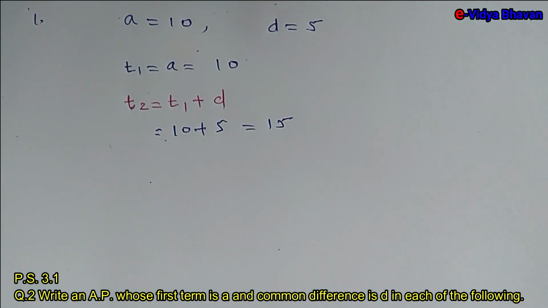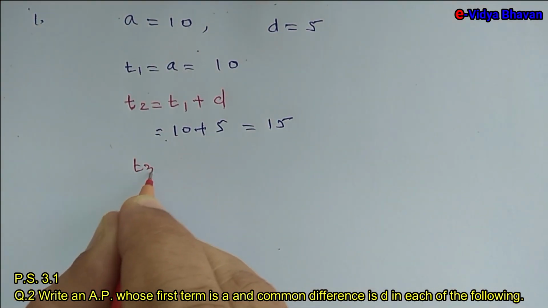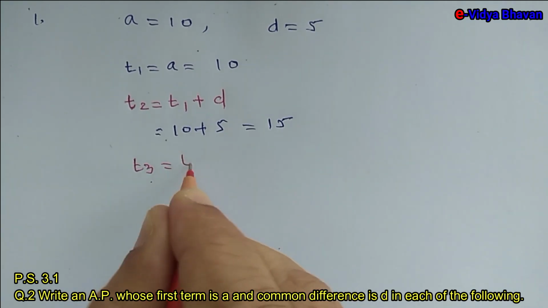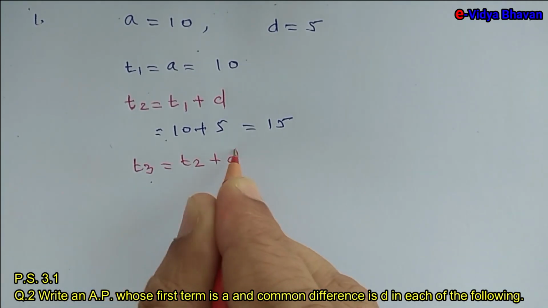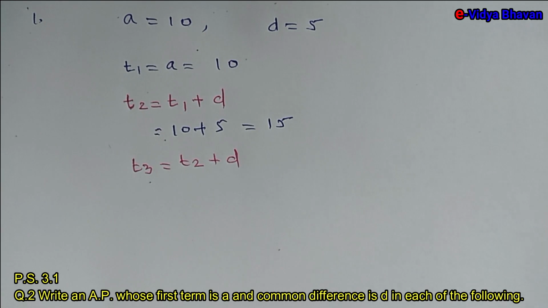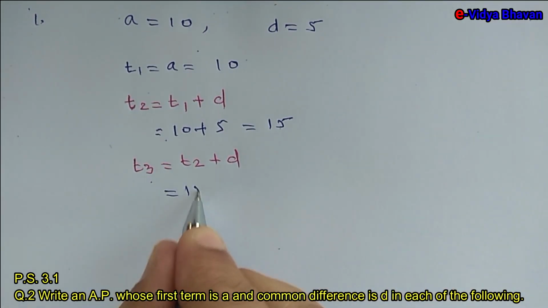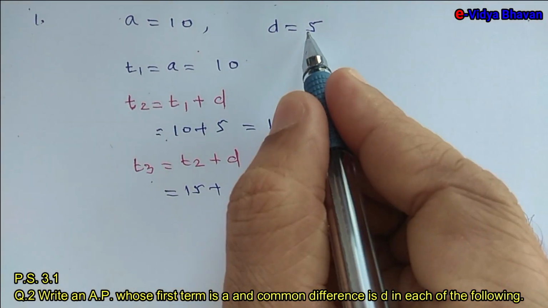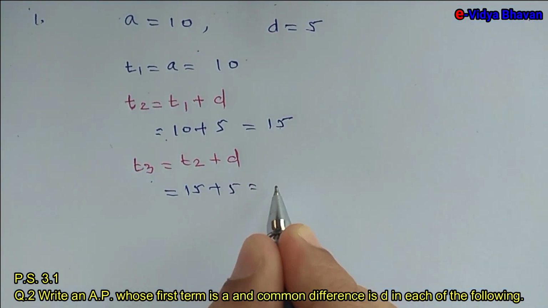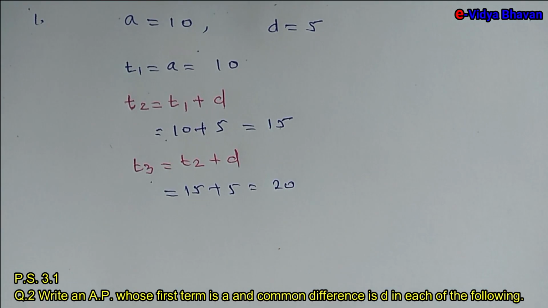T3 equal to T2 plus D. So T2, you have received 15. D you know very well, 5, is giving me 20.